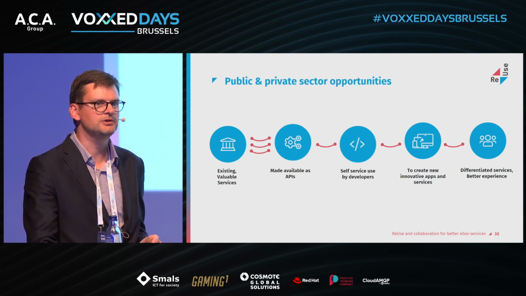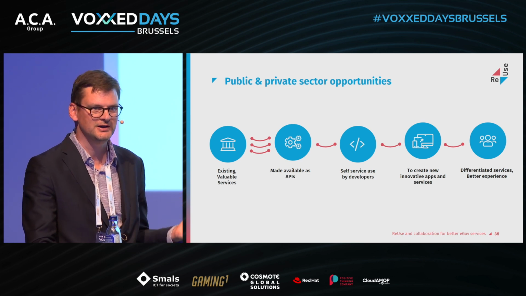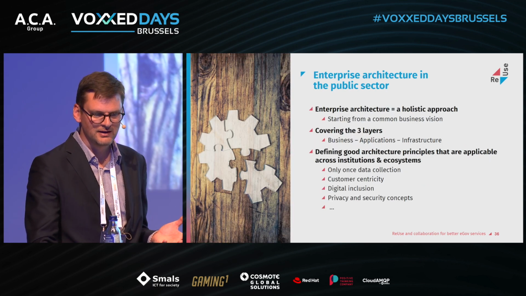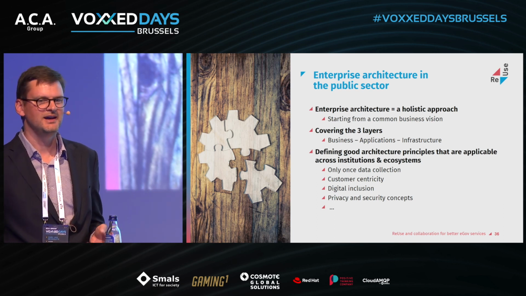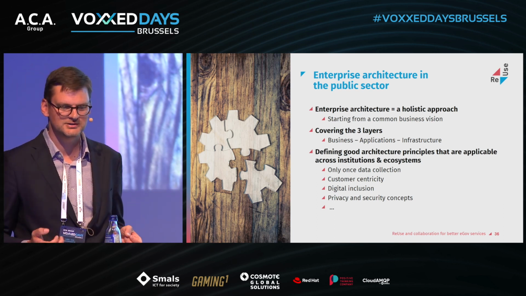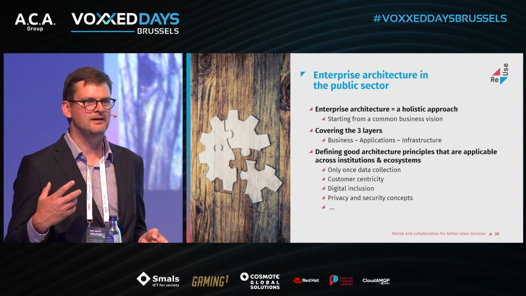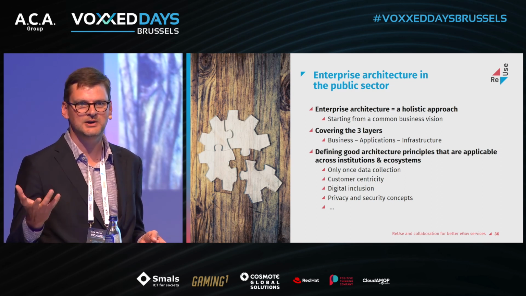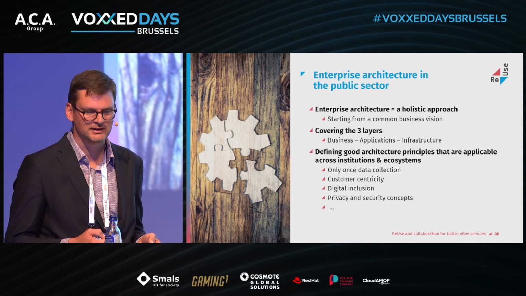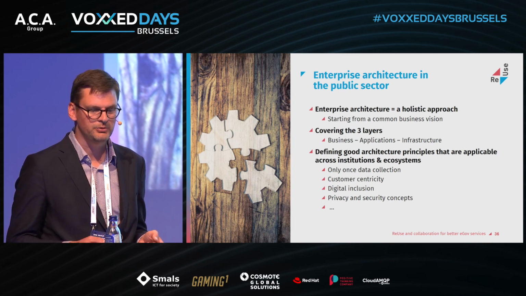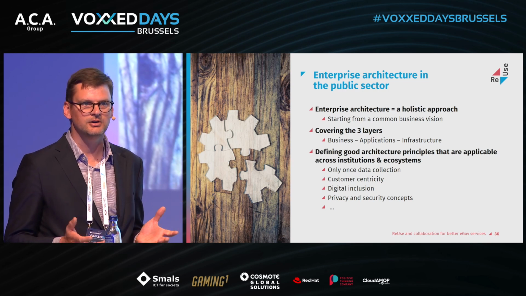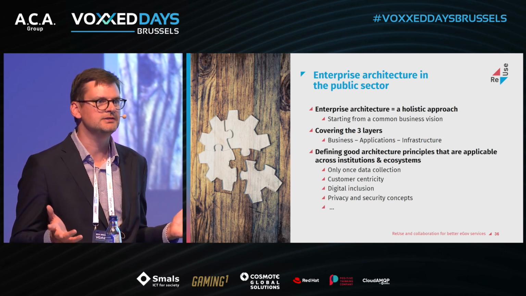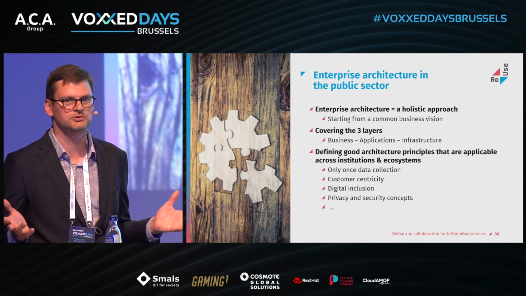So I've told about the GCloud infrastructure, the Rios, the API economy. Then recently we had enterprise architecture, and with enterprise architecture we try to have a link also with the strategy of the government. So it's a more holistic approach where we start from a common business vision, and there are many strategy exercises, for example, also in the social security area.